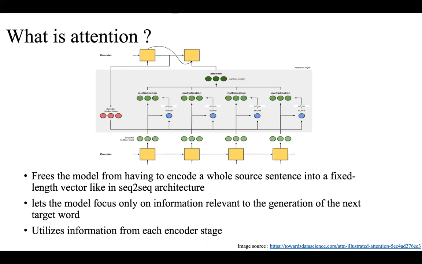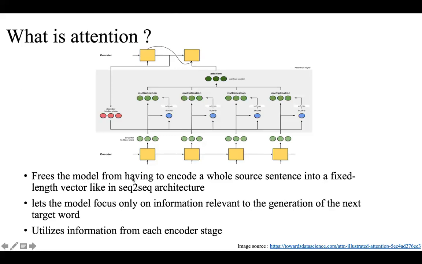So with attention, for any decoder stage generating that particular target word, we compute the score for each encoder stage, which will denote how important that stage output is to generate that particular decoder stage output.